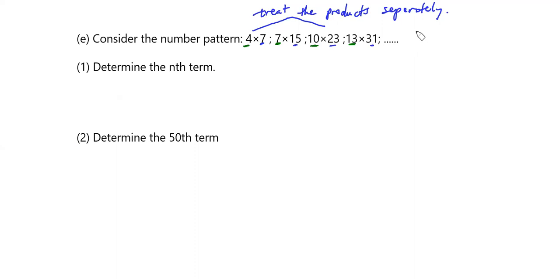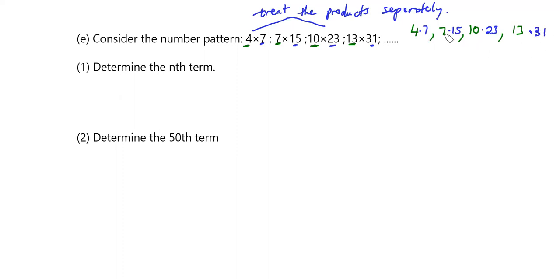So treat 4, 7, 10, 13. Understand? Then here we have times 7, and you treat 15 separately, and also 23 and 31.